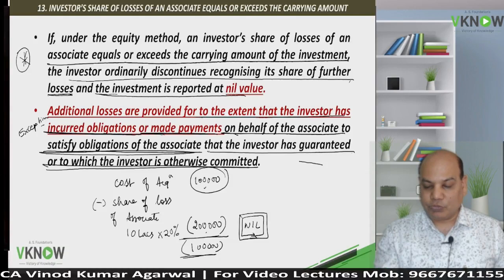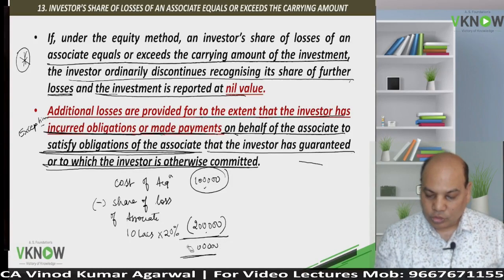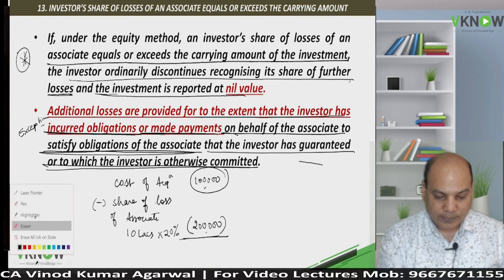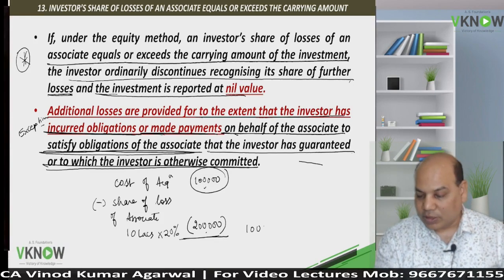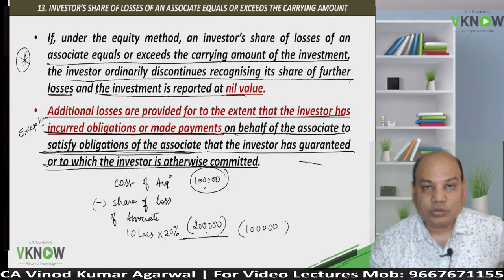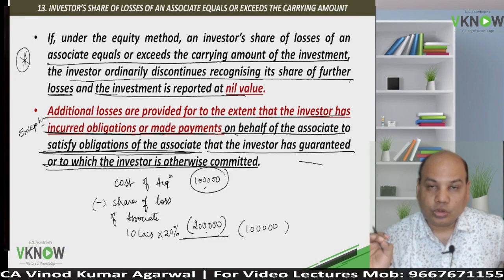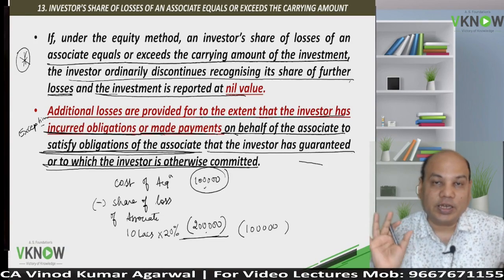It means that you will show a negative balance only if there is an obligation. Only if there is an obligation. That means you have undertaken an obligation or you have given a guarantee on behalf of the associate.